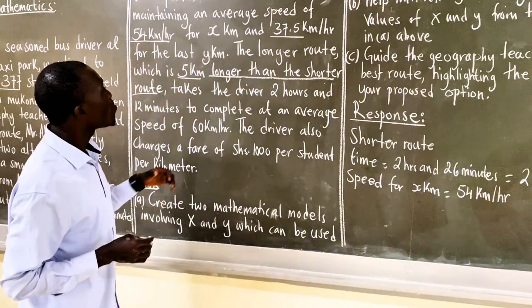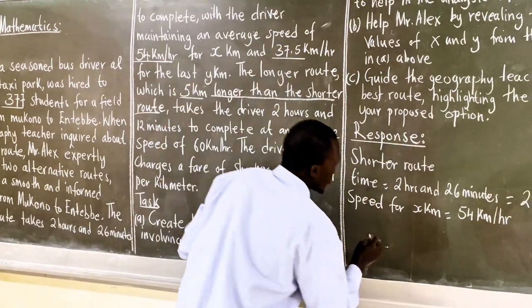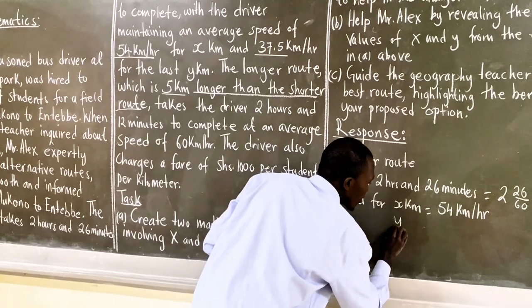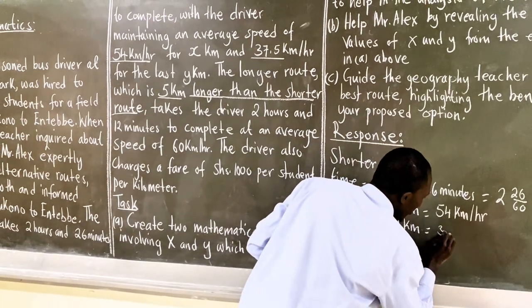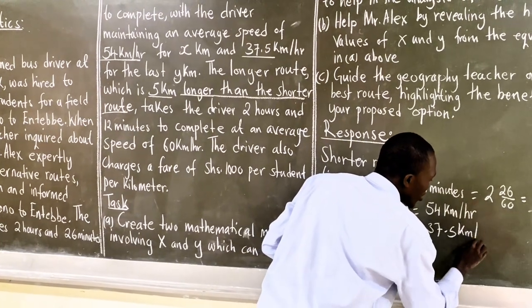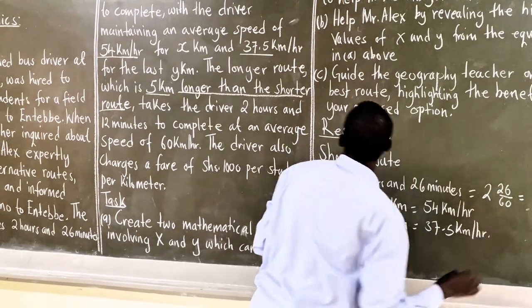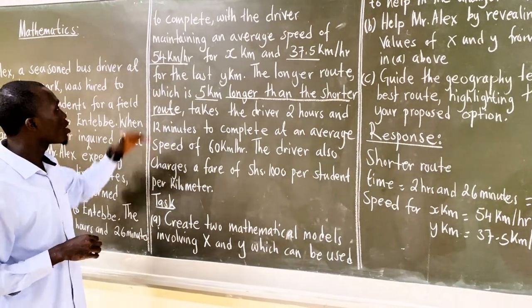Then the one for Y was given to be 37.5 kilometers per hour. Is that all? Yeah, that is all we have for the shorter route.